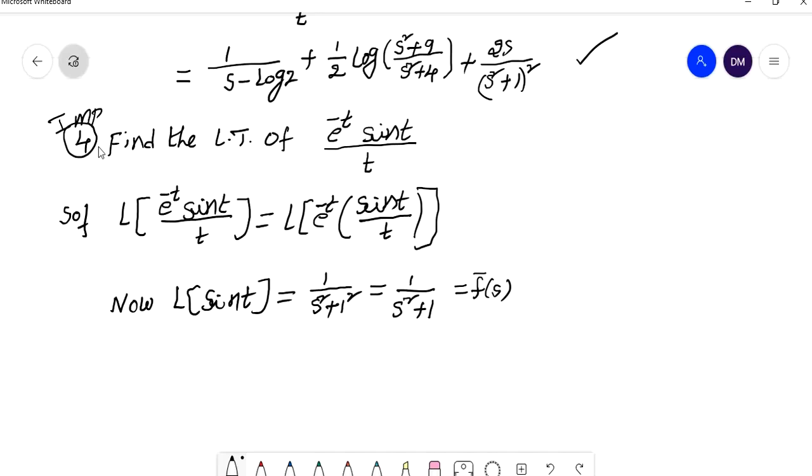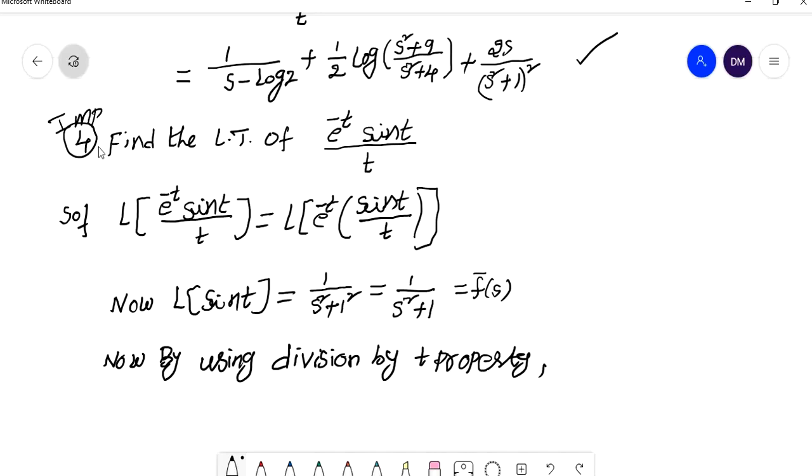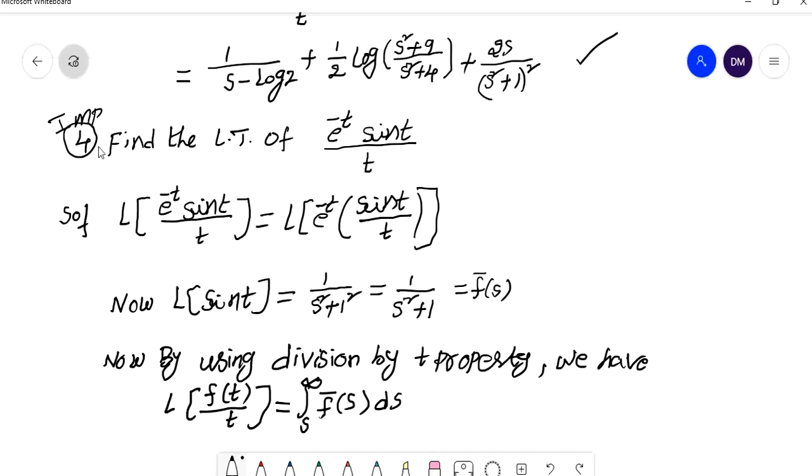Now by using the division by t property, L of f of t by t is equal to the integral from s to infinity of f bar of s ds.